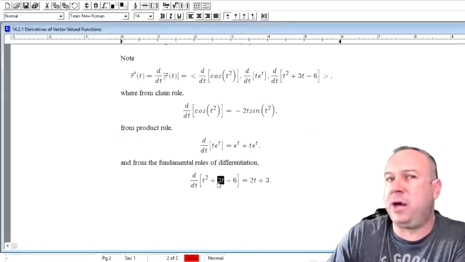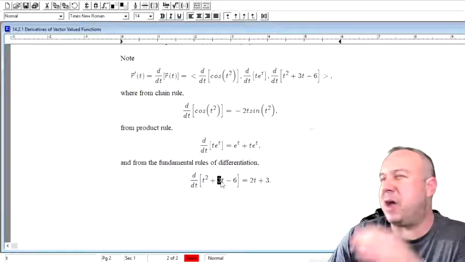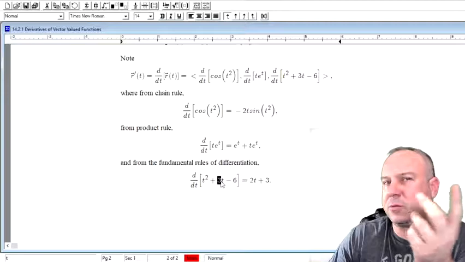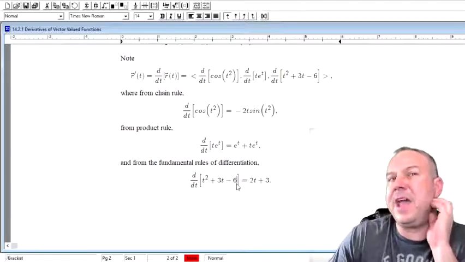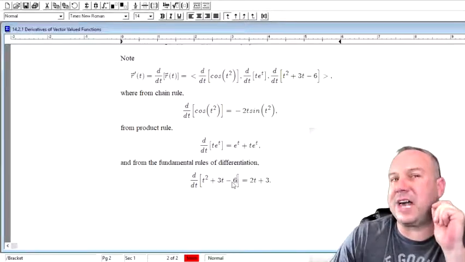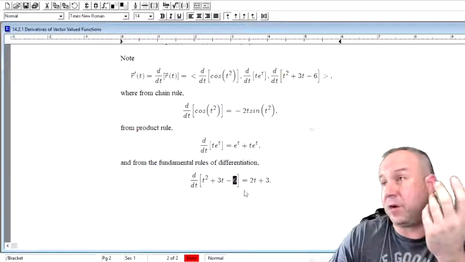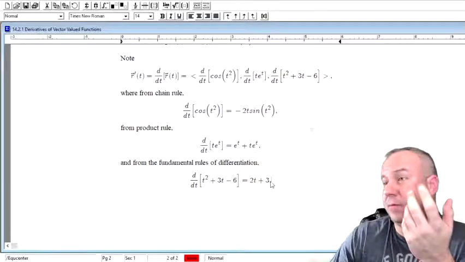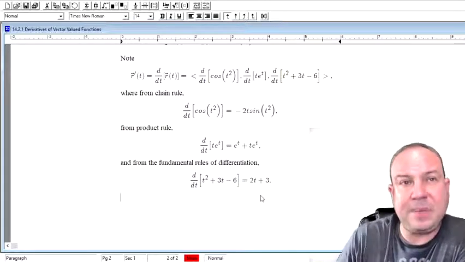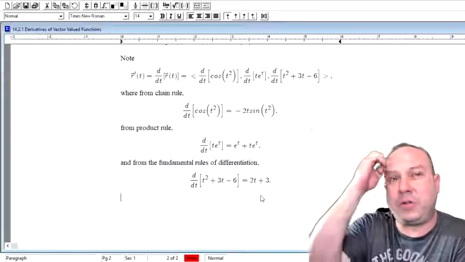That's a power of 1 brought out in front times the 3 as a constant multiple, and then t drops to the power of 0, which is just 1. So it's 3 times 1, or just 3. And then this here is a constant. Remember, a constant's derivative is 0. So we end up with 0 here, folks. And that is our third component's derivative.